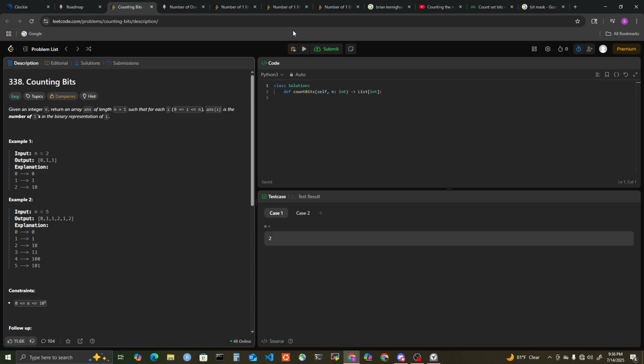I'm a bit confused on what it's asking here. Given an integer n, return an array called answer of length n plus 1, such that for each i, 0 less than or equal to i less than or equal to n, answer i is the number of ones in the binary representation of i.